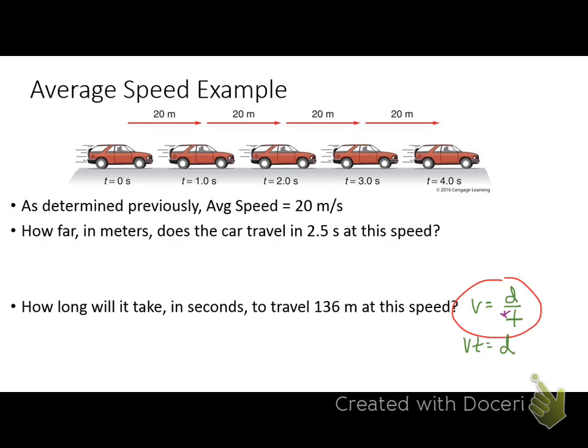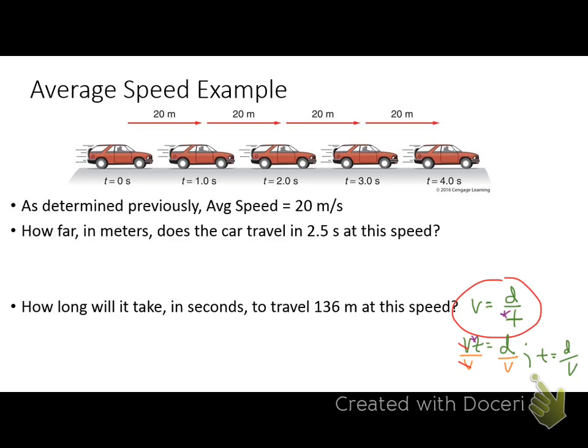Then I would say if I want t all by itself, what I am going to do is divide both sides by v. Okay, so v divided by v, these go away, right? V divided by v goes away, and we have t is equal to d divided by v. So t is equal to d divided by v.